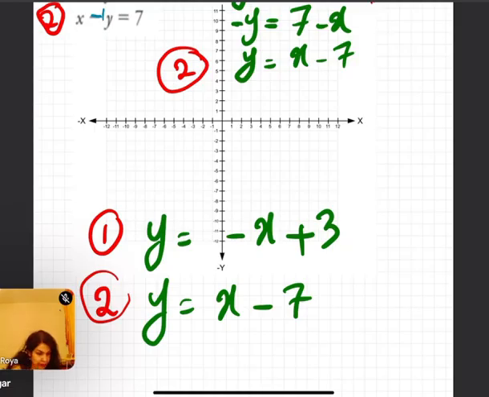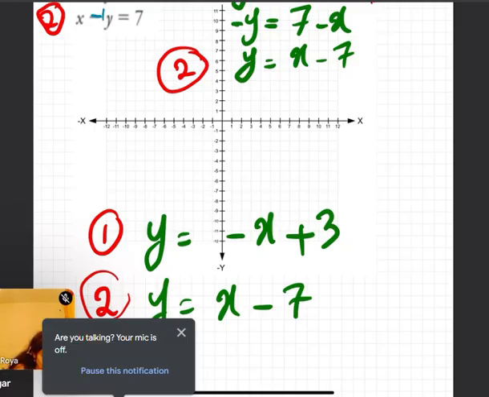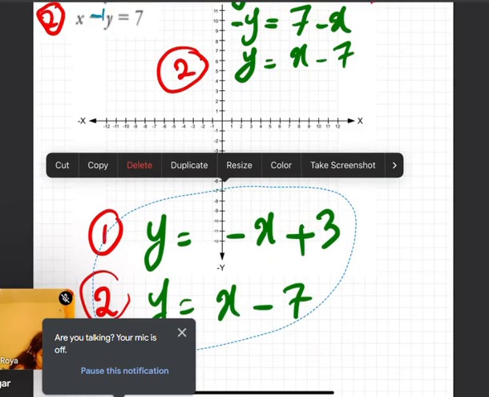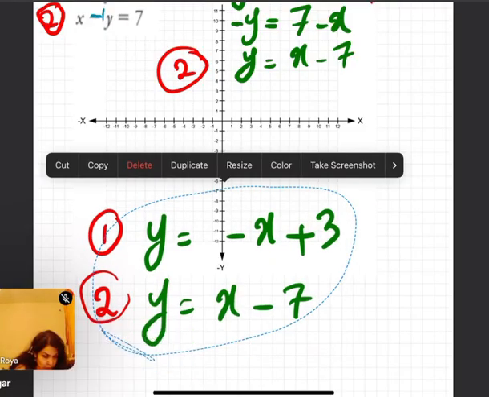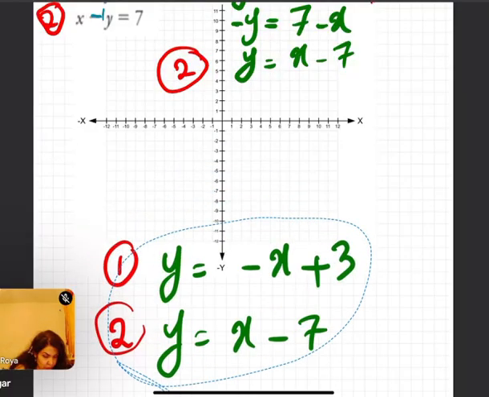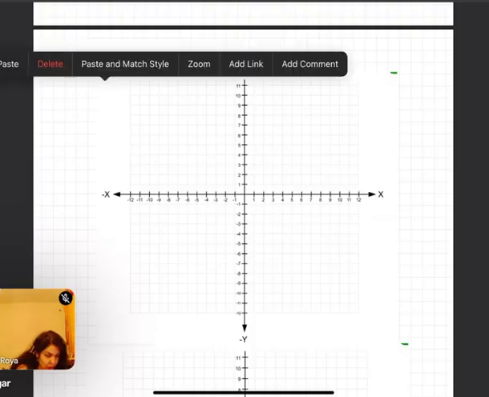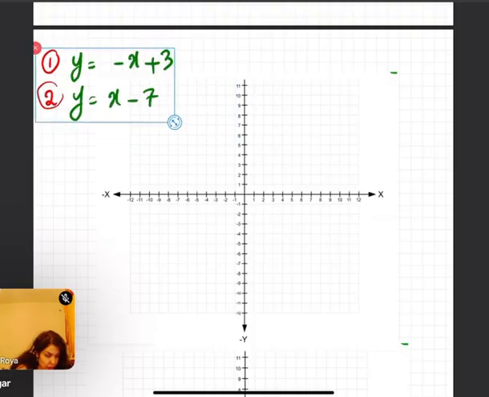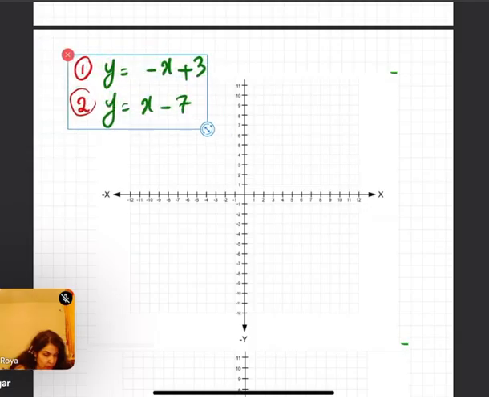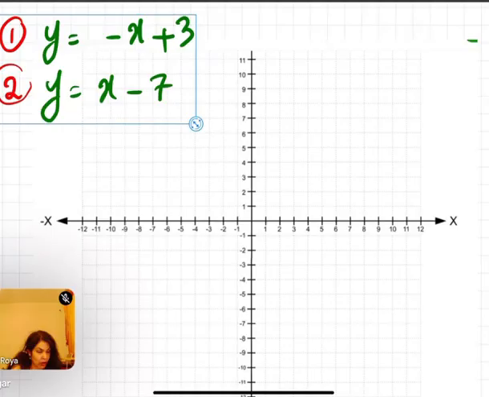Okay, so let me take a picture of this. Now we want to graph this.